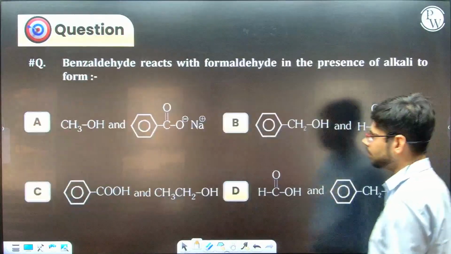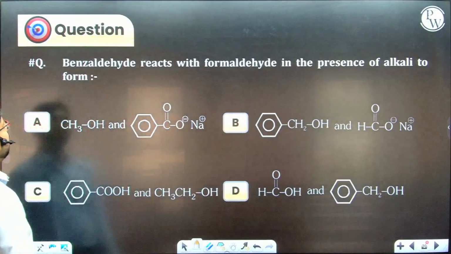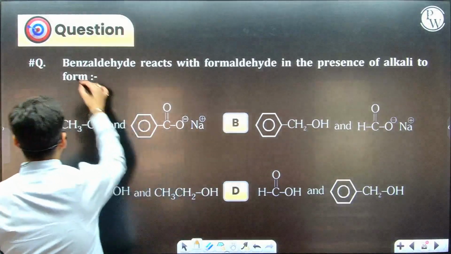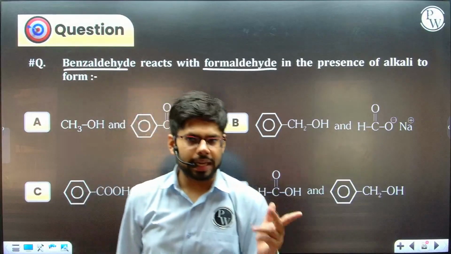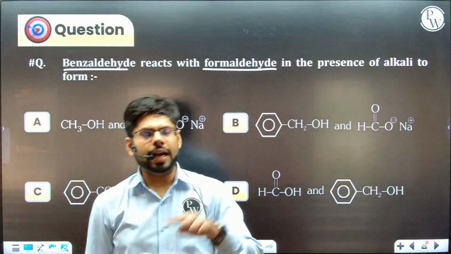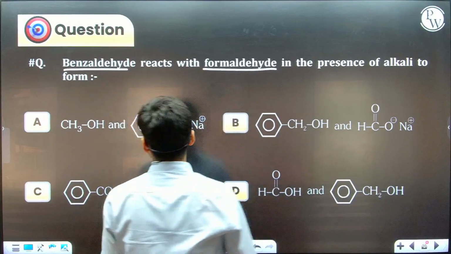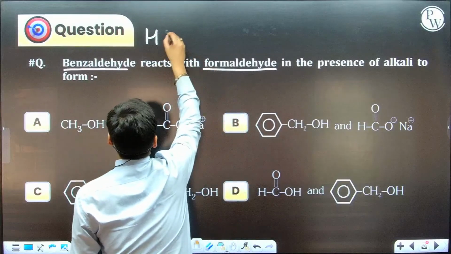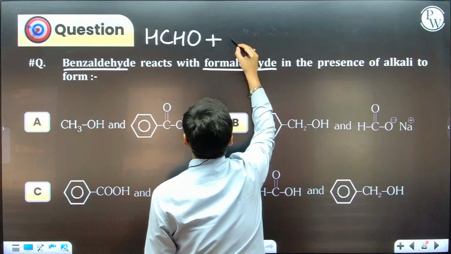Next question. Benzaldehyde reacts with formaldehyde in the presence of alkali to form. Again, this is an example of Cannizzaro reaction. Benzaldehyde and formaldehyde. Now see, we have 2 different aldehydes, right? And every aldehyde lacks alpha hydrogen atoms. In such a case, what do we do? How do we write the products? So this is called cross Cannizzaro because we have 2 different aldehydes.